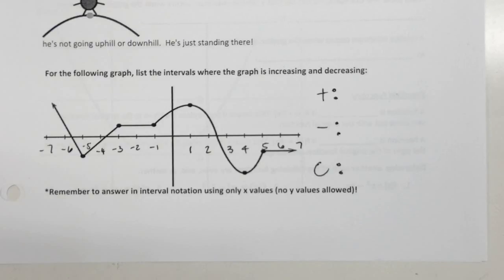First interval. Where would it stop? Then where's the negative infinity? It stops at negative 5. Keep going. That should be what right here? Isn't this positive? But we're not talking about y values, we're talking about x values, right?